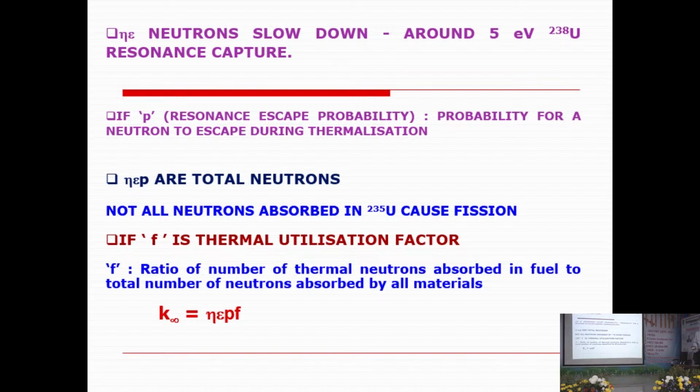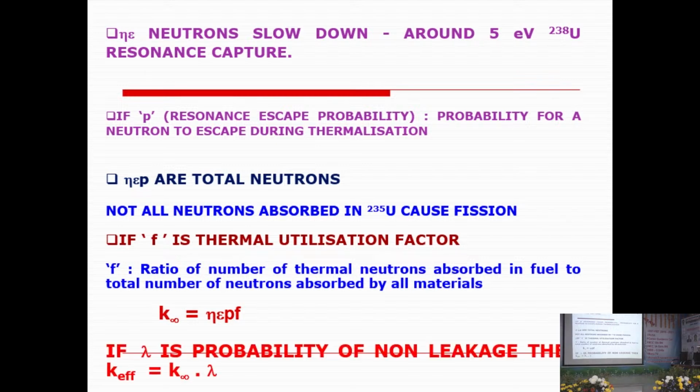You must have heard of this in your textbooks. I say K infinity because I am assuming the nuclear reactor is infinite and there is no leakage. In the practical case, I cannot make a nuclear core of infinite dimensions; it will have finite dimensions, so the leakage probability also has to be considered. That gives K effective. If lambda is the probability of non-leakage, then K effective is equal to K infinity into lambda.